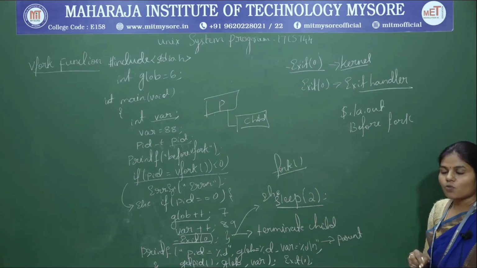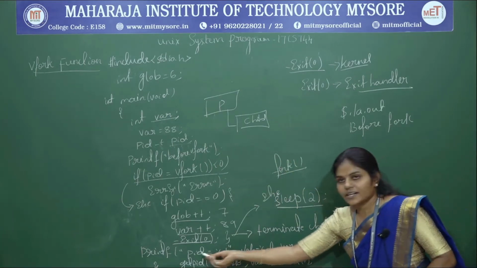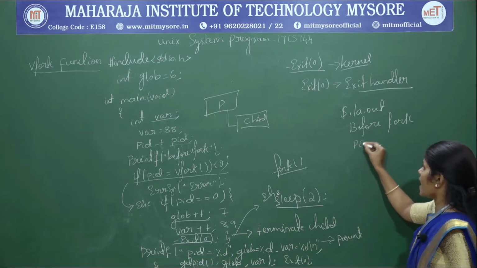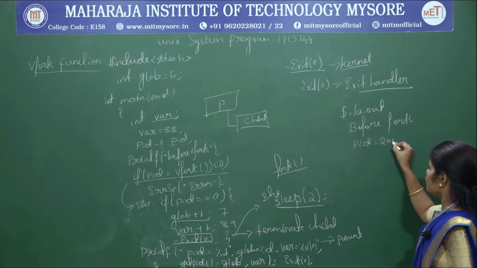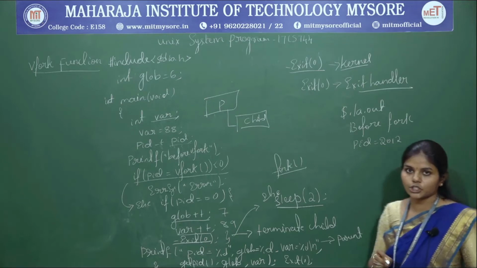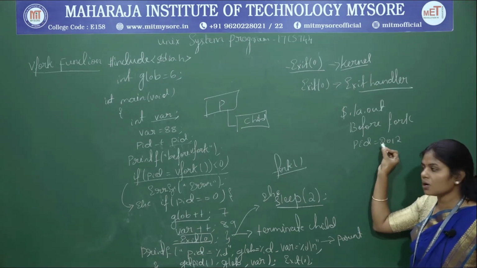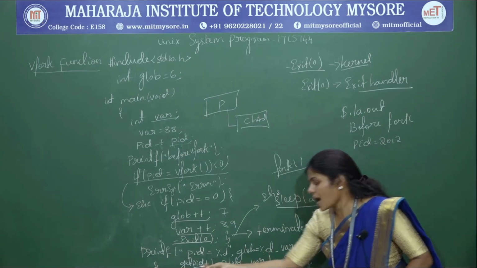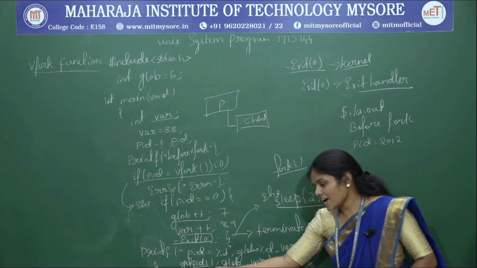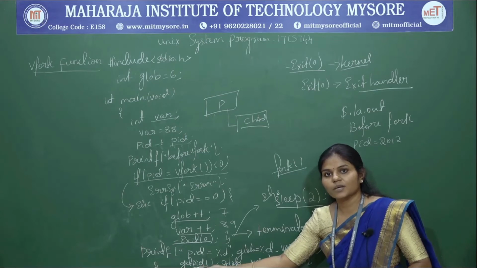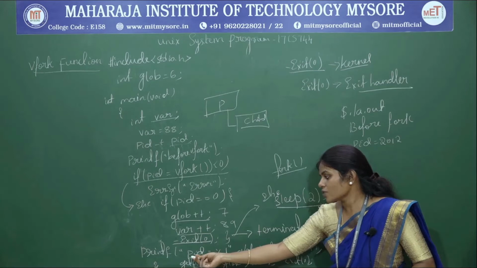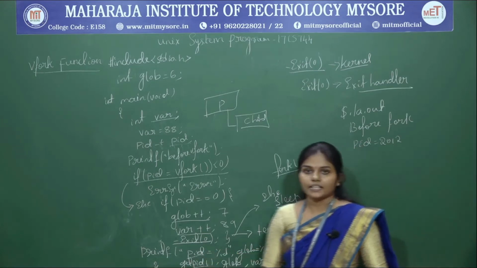Next, after that, what is the value I am going to get? That is the PID. What is the PID value? Some identification, the process identification number. How do we get the process identification number? By using the getpid function, which returns the process identification number, and we display the PID value.